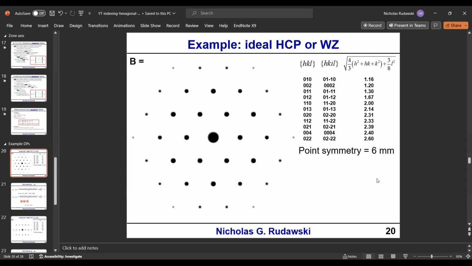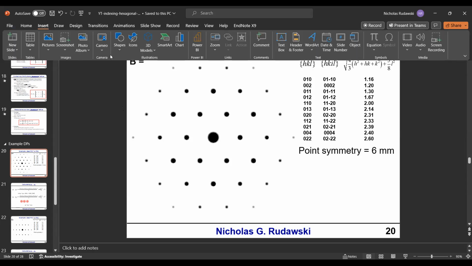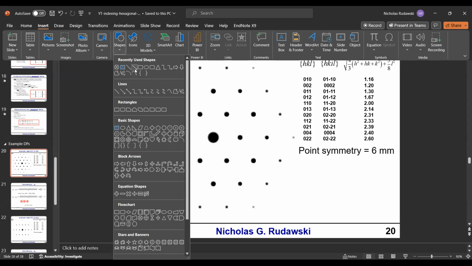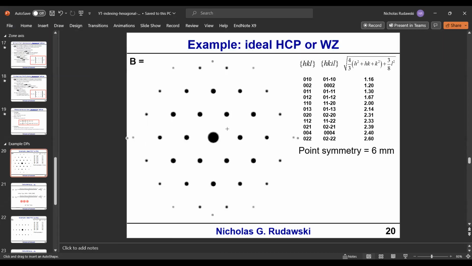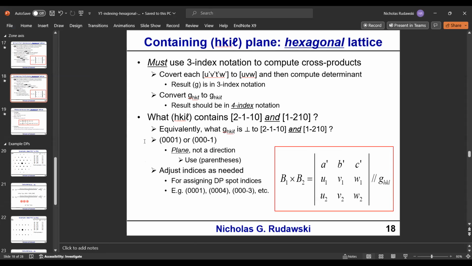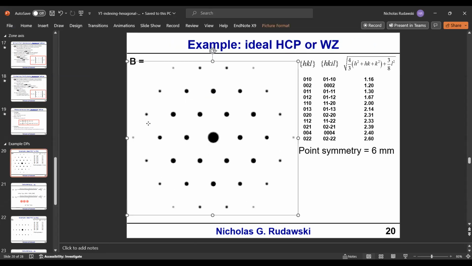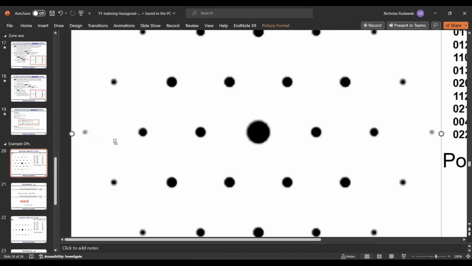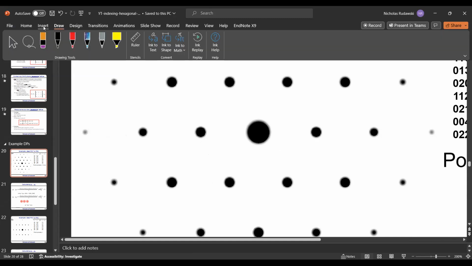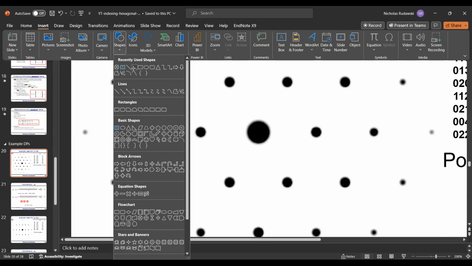Just like we did before, we have to measure G vectors. I'm going to make this one my G1, and this one my G2. So I'm going to measure now. Let me insert shapes.